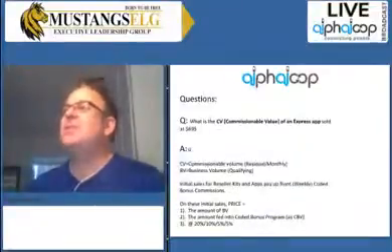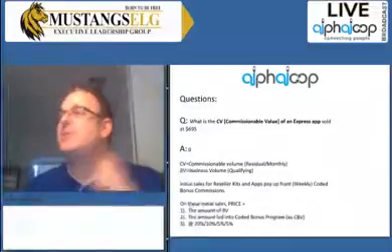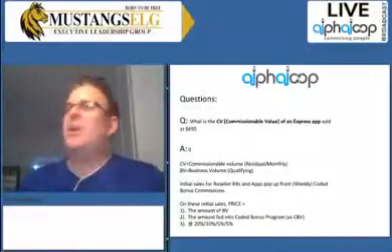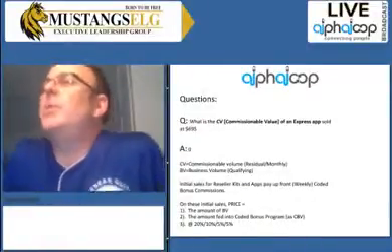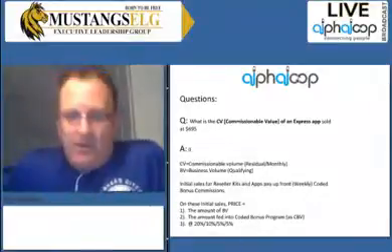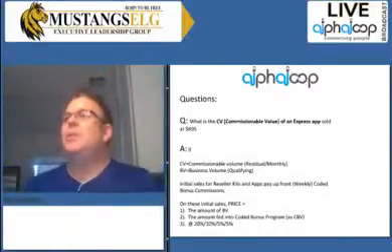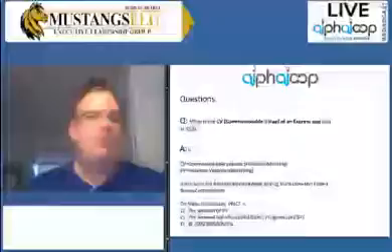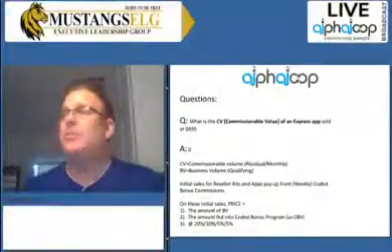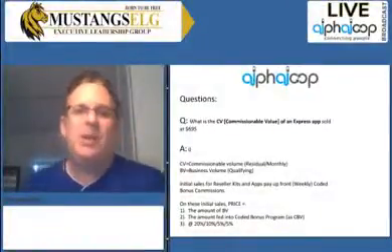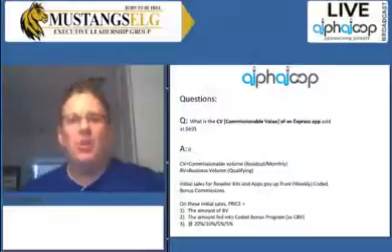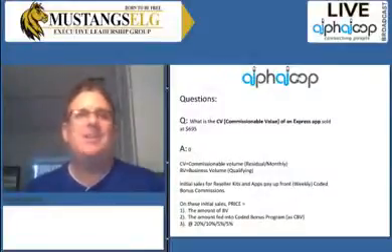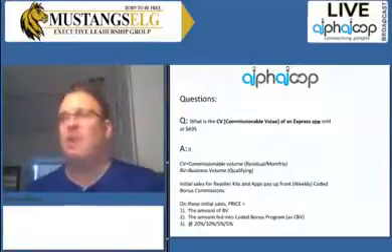So what is the CV, commissionable value, of an Express app sold at $6.95? The official answer to that is 0. I don't know if somebody really meant CV. The way our commission program works, CV is commissionable volume, and that applies to residual: what I get paid monthly, what feeds into the monthly compensation calculations.